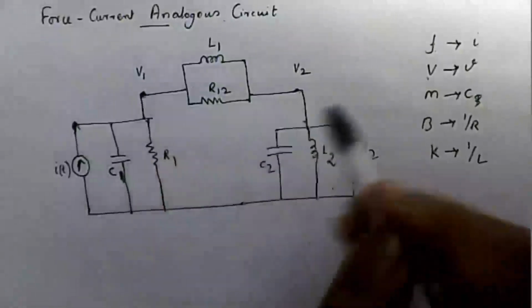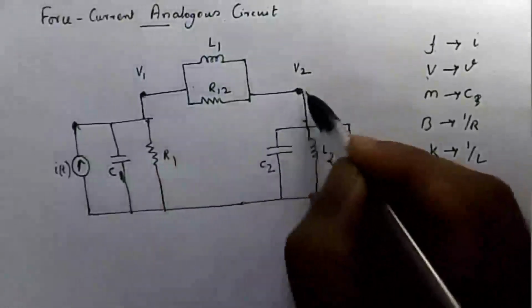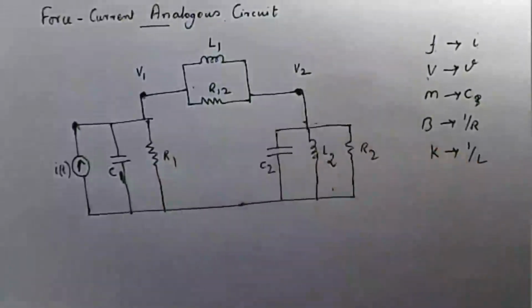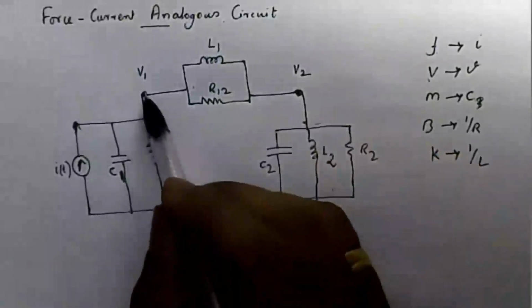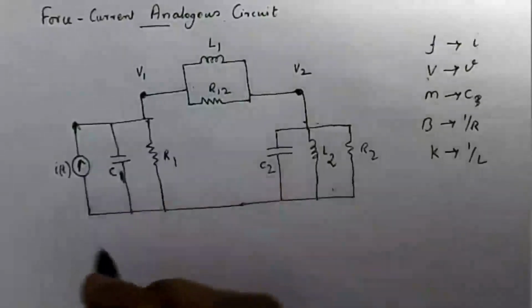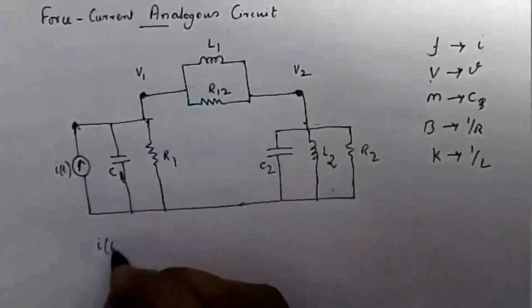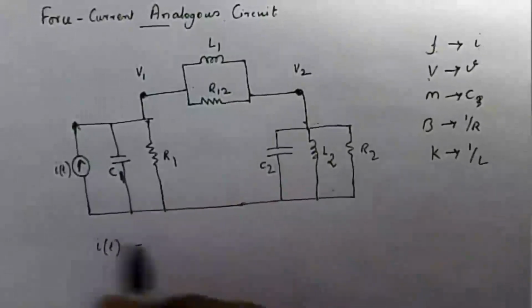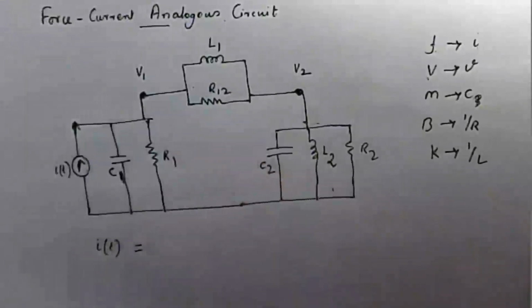Now applying node analysis, find the current equations. Write the current equations for this node. Here, the source current I of t is equal to the leaving current, that is, incoming current is equal to leaving current.